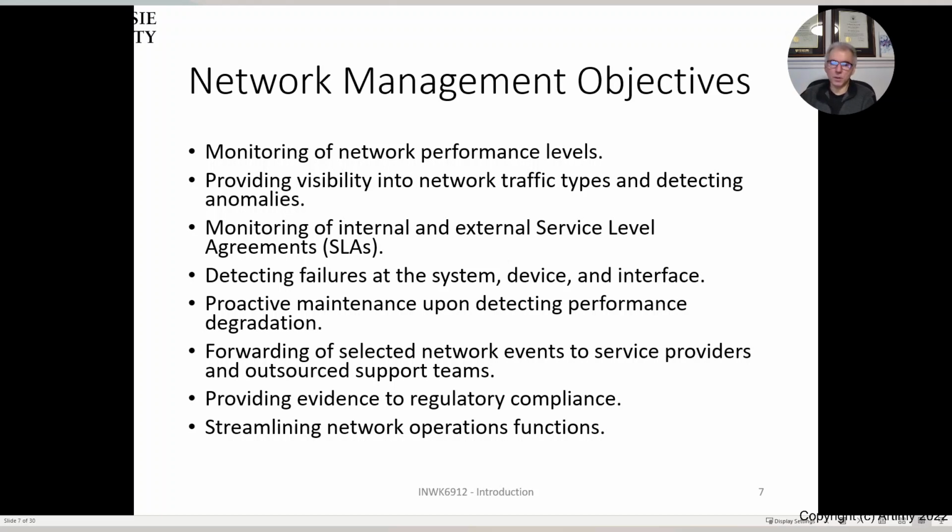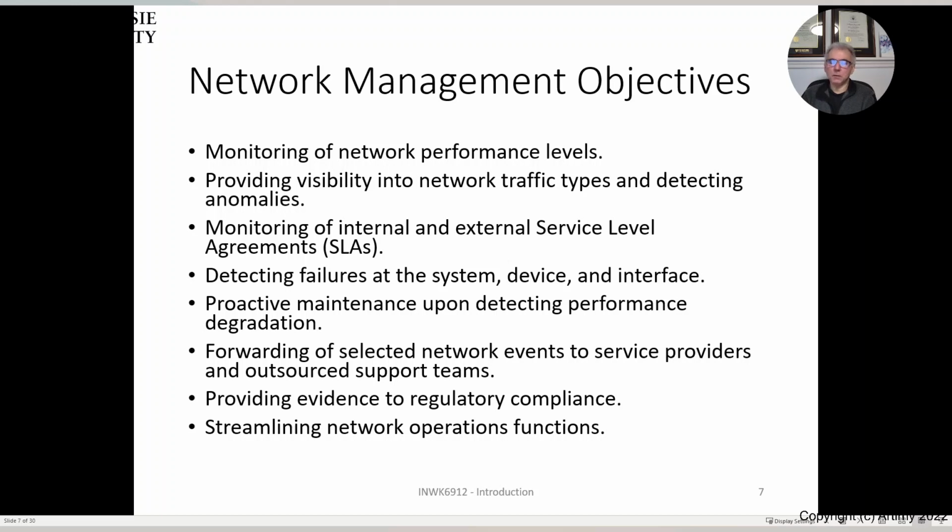And I'm just giving you an example, but there are other service level agreements that may be applicable as well, including reliability, availability, bandwidth, and other things.